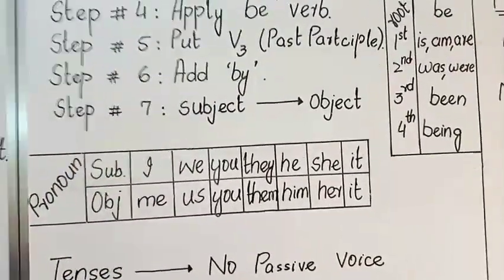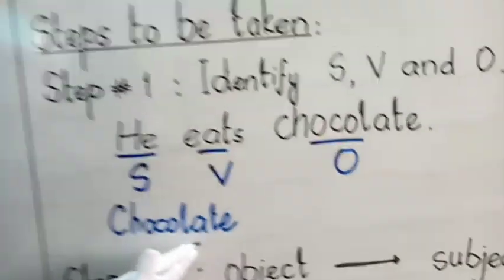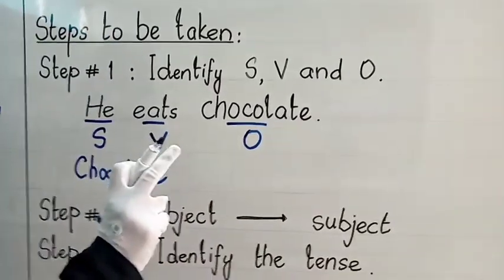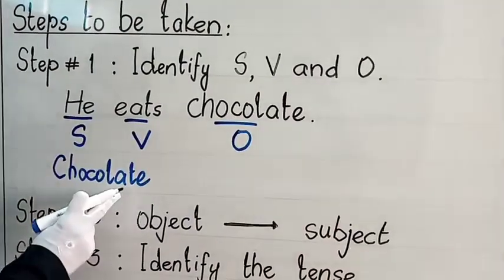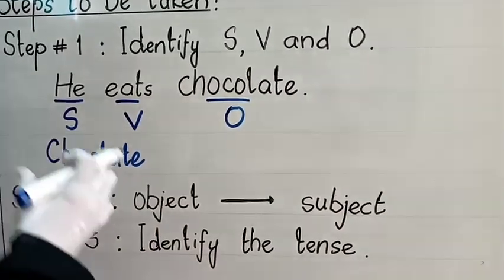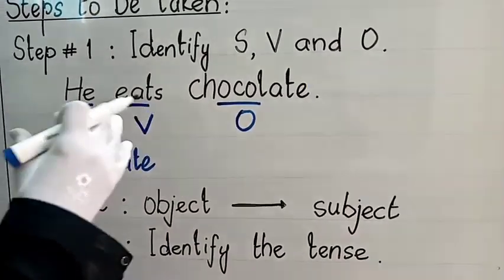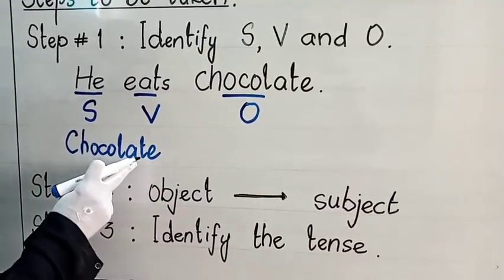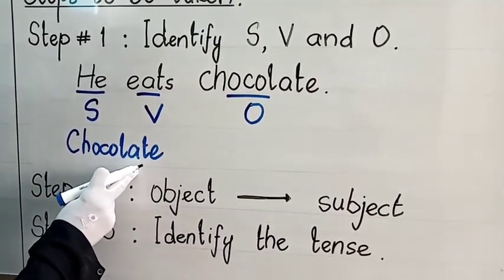So come to the example. Look here. The tense of the sentence is present simple. So we have the first form: is, am, are. But according to this new subject, what be verb is appropriate, what be verb is proper for this: am or are?